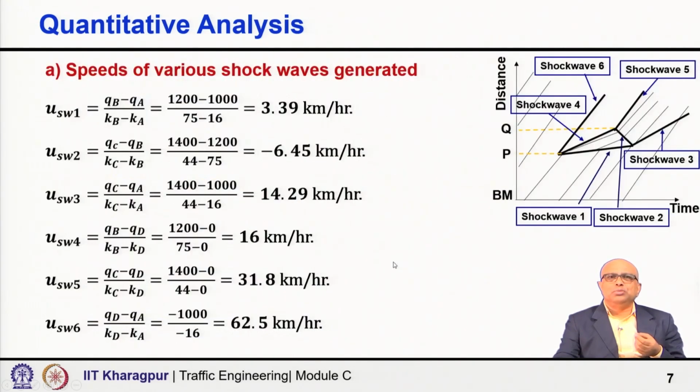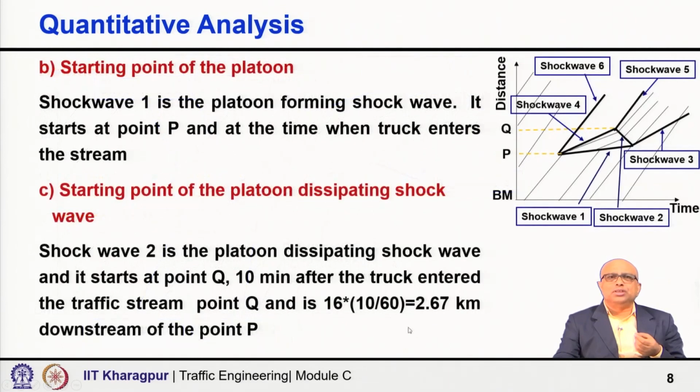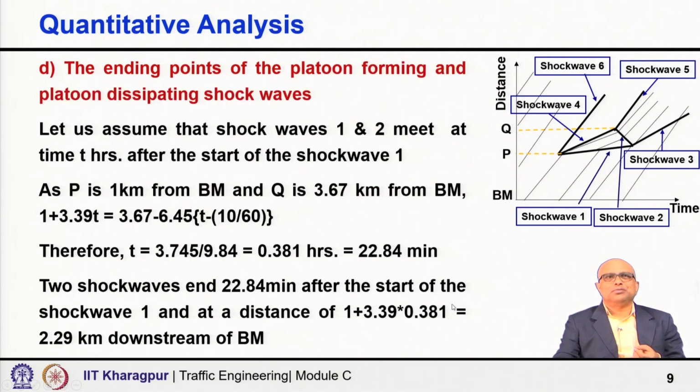So, what will be the distance between point P and point Q? 16 kilometer per hour times 10 by 60 hour, so 2.67 kilometer downstream of P. The entry point is P, the exit point is Q, and the distance between them would be 2.67 kilometer.